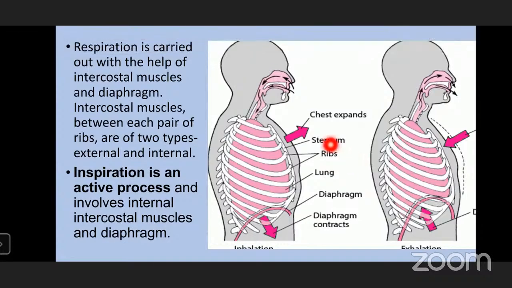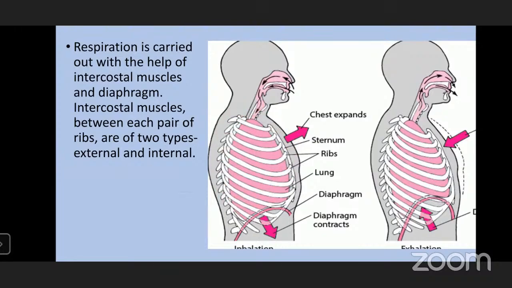Here you can see the chest expands at the time of inhalation, that is when we are inspiring. The sternum will move forward, the ribs will move forward, so that there will be space. The vertebral column will move backwards, and the diaphragm contracts and comes down. So all these things are moving and increasing the thoracic cavity.